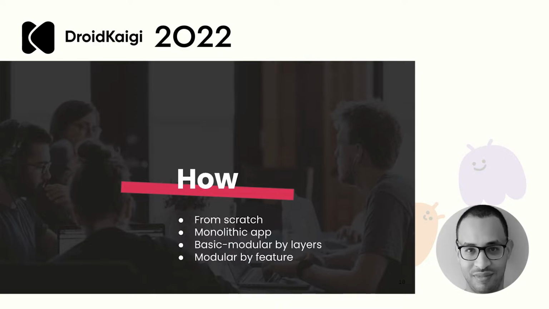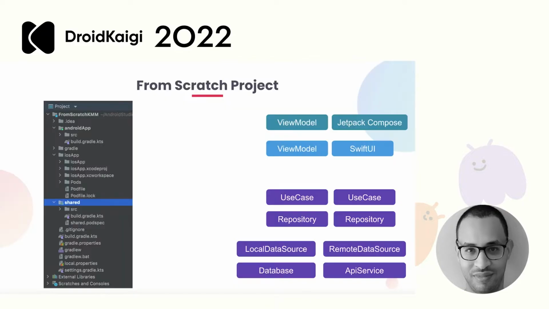For now, let's get deeper and see how KMM looks in the project. We will see how to implement KMM from scratch, then what we can share in a monolithic app and a modular app, by layer and by feature. The first example is how to start a KMM project from scratch.